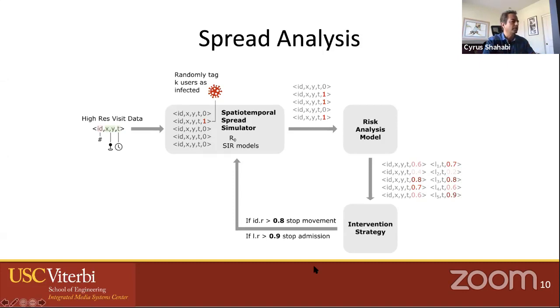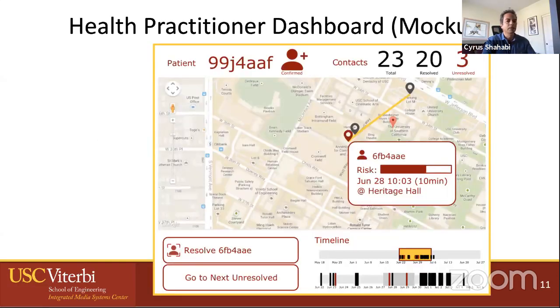By implementing these intervention strategies, you can rerun the simulation with these new interventions and see whether that would reduce, for example, the number of infected people. So this kind of cycle can help you, and the more real data you have, the better your predictions are going to be, and the better your spread forecasting can be as well.